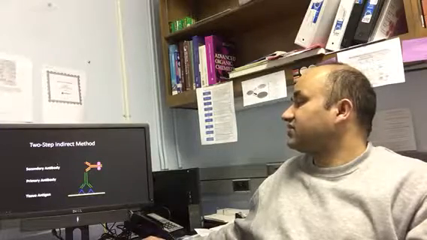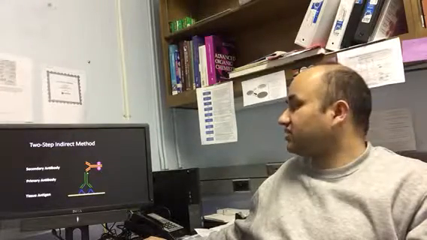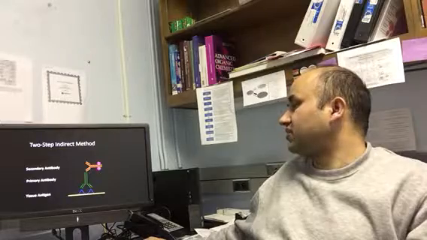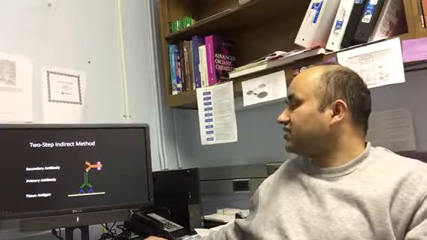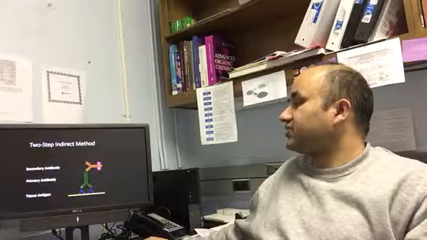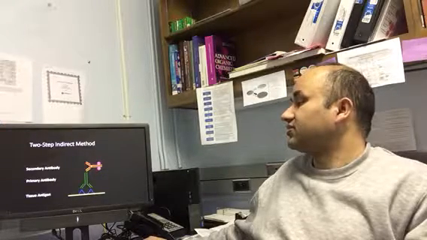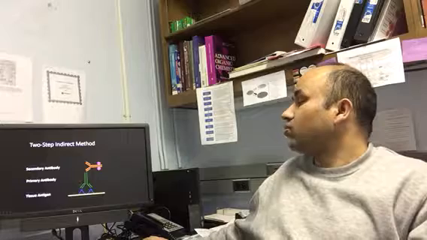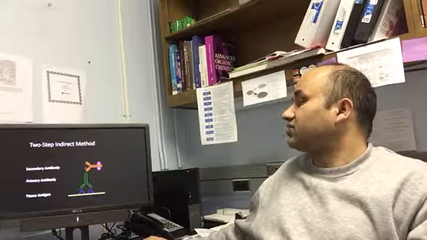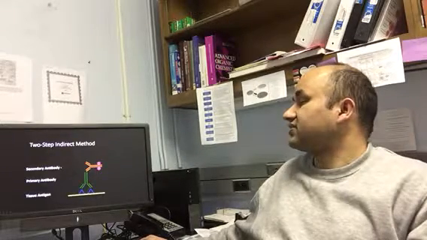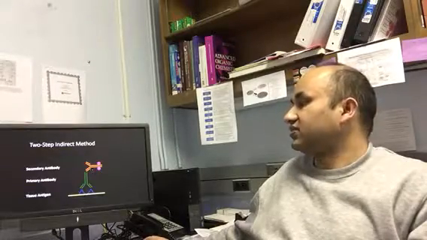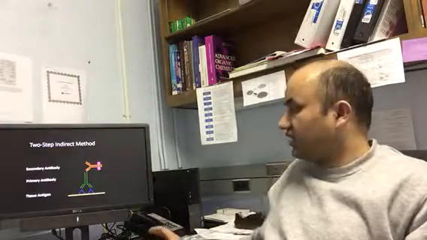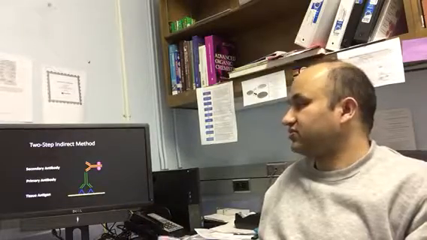The primary and secondary antibodies can bind to each other. Since there are numerous sites on the primary antibody for the secondary antibody, one primary antibody can bind multiple secondary antibodies. So the signal from this indirect method is very good, and it is very often used these days.